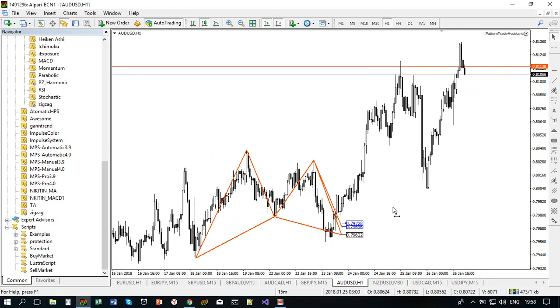Okay, well, that's it. Quick overview and kind of a teaser of what my software is capable of. If you want more details, watch the next video. It will be a full tutorial on how to use my software to find the best trading opportunities, how to backtest patterns, how to do your trade management, how to execute your trades, and how to use the strategy tester for visual testing of your software.